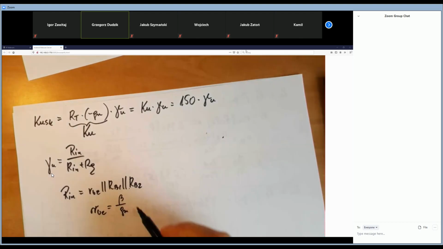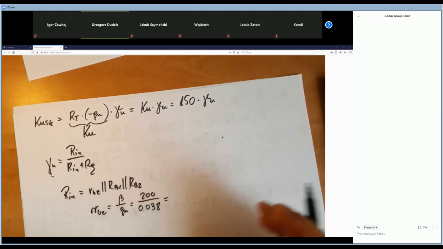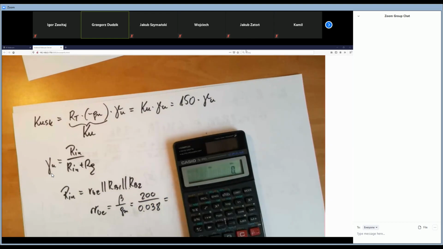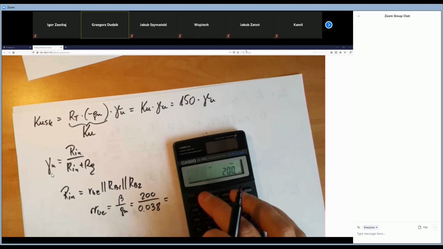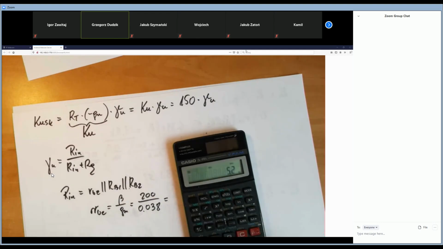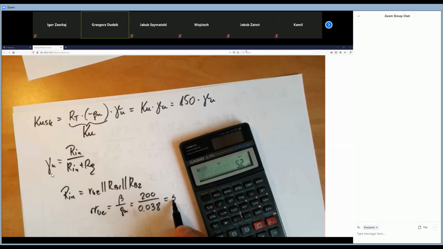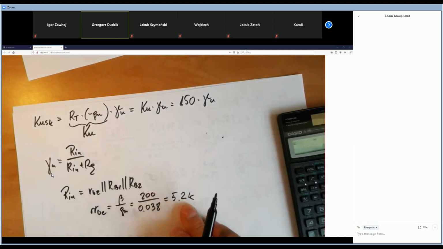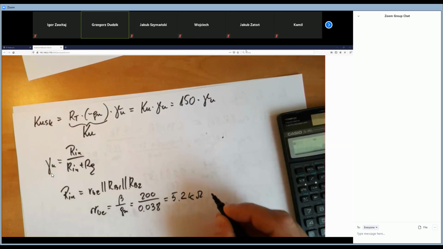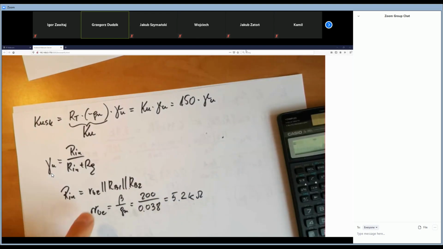So the beta is 200, the GM is 0.038 around. So 200 over GM is 5.2K, 5.2 kilo ohms. So we've got it.